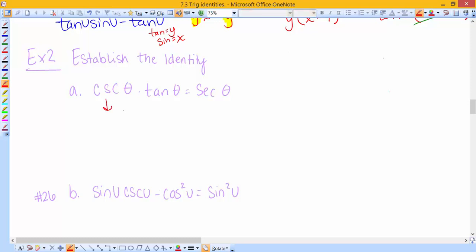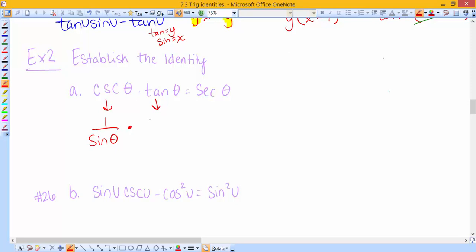Cosecant, I can use the reciprocal identity. Look at cosecant under your reciprocal identities, and this is 1 over sine of theta. Tangent is a quotient identity. Now I know it's also a reciprocal identity, but trust me, tangent works better here.